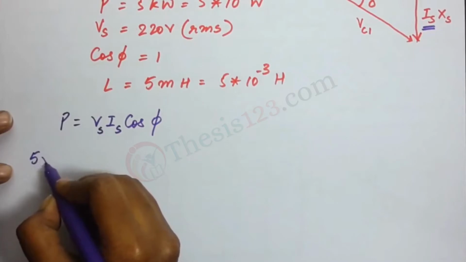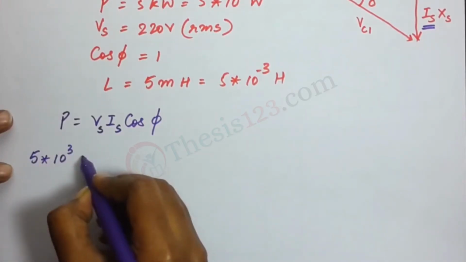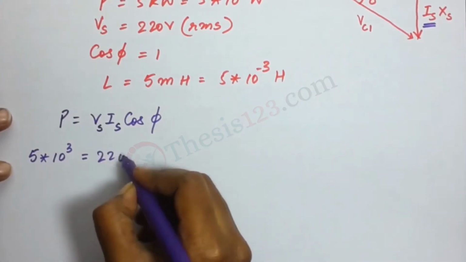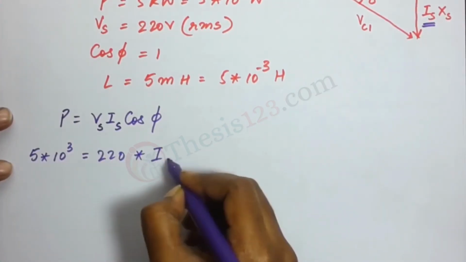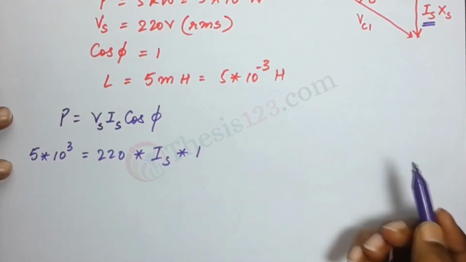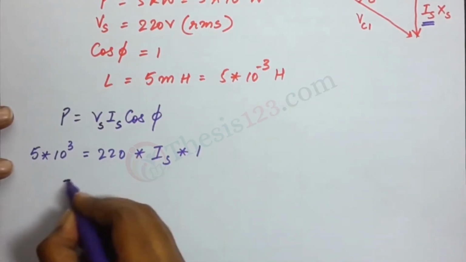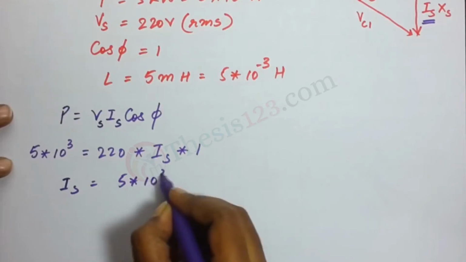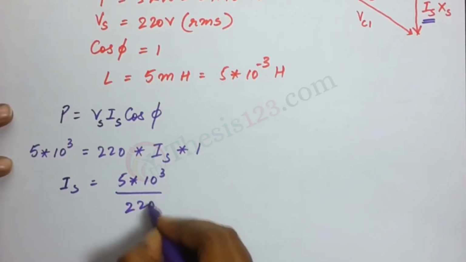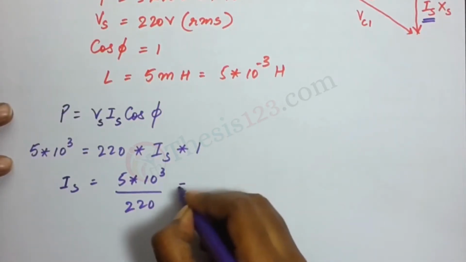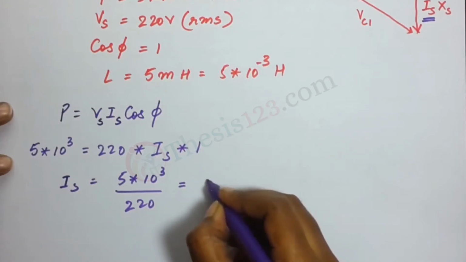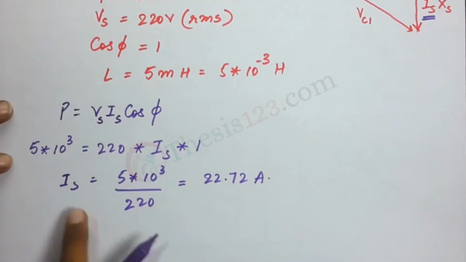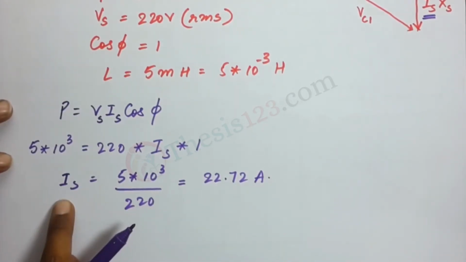So let's substitute the values: 5 into 10 power 3 is equal to Vs value 220, we need the value of Is, and cos phi is 1. So from this we find out what Is is. Is is 5 into 10 power 3 divided by 220, and that comes to 22.72 amps. So this is the value of the source current.